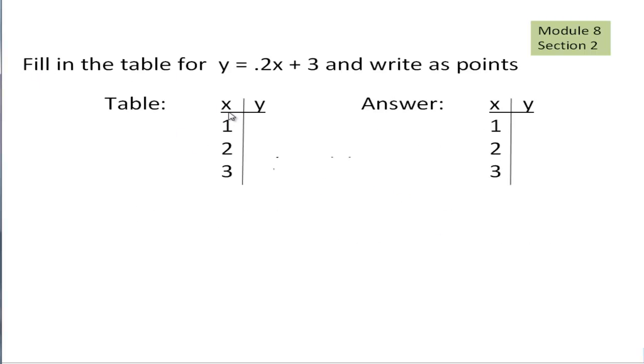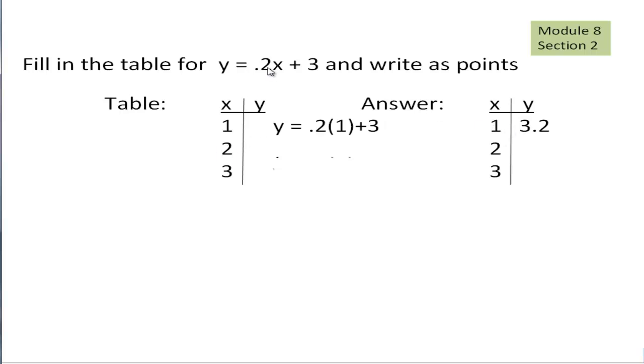Okay, filling out tables. Tables, you take the first letter and you put it in for x, because that's in the x column. So x is 1. 0.2 times 1 plus 3. That is 3, and this turns out to be 0.2, so your answer is 3.2. So we're going to have a point 1, 3.2.